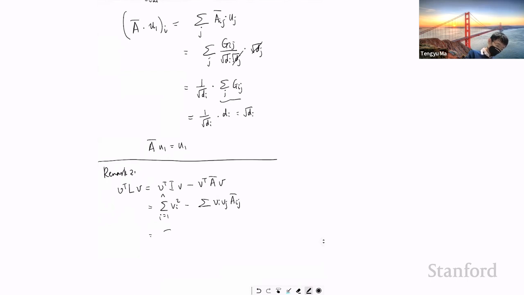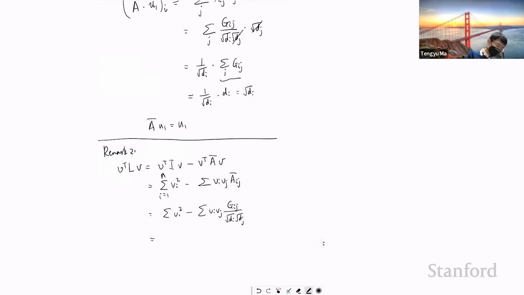And this is the sum of V_i squared minus the sum of V_i V_j, G_ij over square root d_i square root d_j. And G_ij is 1 when there is an edge. So what we got is the sum of V_i squared minus the sum over ij being an edge, but ij and ji are both edges, so that's why you get a 2 here: 2 times V_i over square root d_i times V_j over square root d_j.